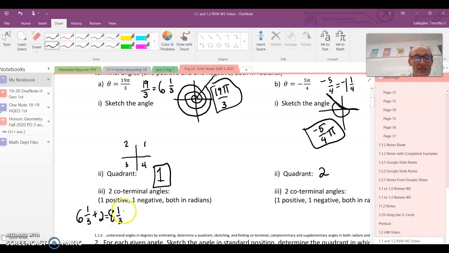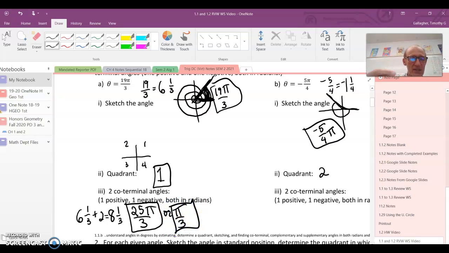Another way to see this is 25 pi over 3. That's the positive. Another positive coterminal angle is just pi over 3. That's a pretty cool thing to be able to see.